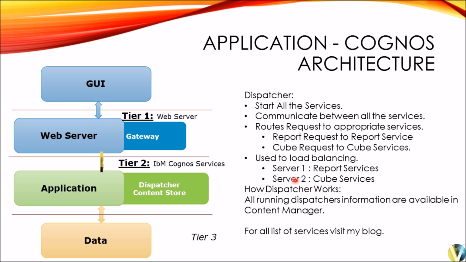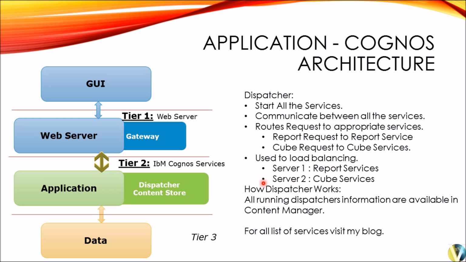Once a user sends a request to run a report, the dispatcher sends this request to server 1, and if any user wants to run a cube, the dispatcher sends all the cube related requests to server 2. So this is the way the dispatcher is used to balance the load between multiple servers.